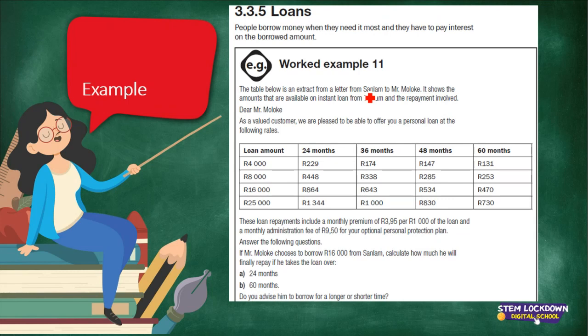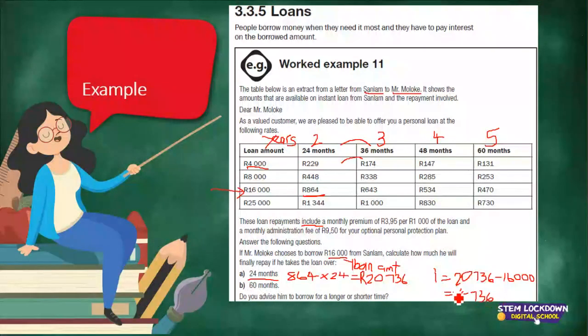Remember your units, very important. So you can see that every month he pays a small amount of money compared to the loan. After 3 years, the credit provider, Sanlam in this case, earns an extra 4,736. So that one was nice and easy.